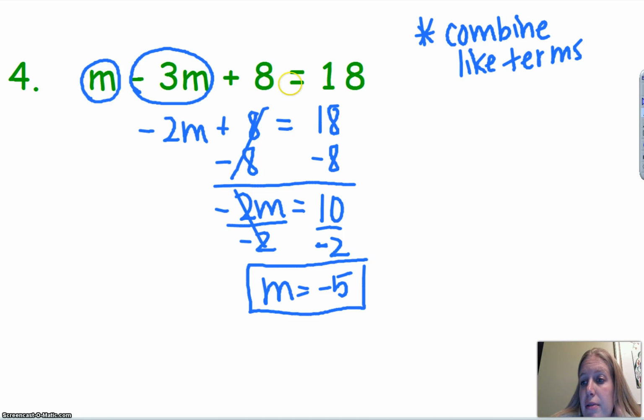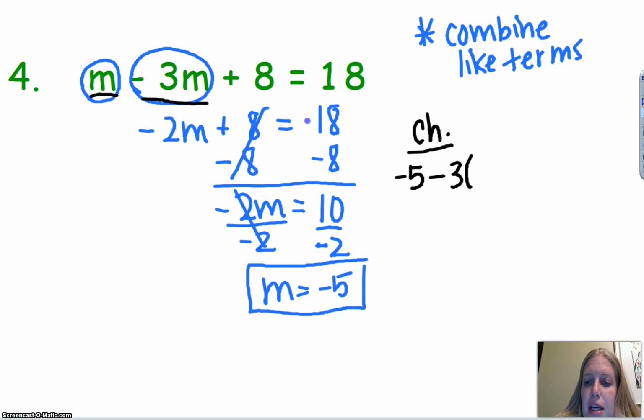Okay, to do the check, everywhere you see an m, you're going to plug in negative 5. So I'm going to write negative 5 minus 3 times negative 5 plus 8, which is supposed to equal 18. I'm going to do this in steps so I don't get confused. 3 times negative 5 is negative 15.